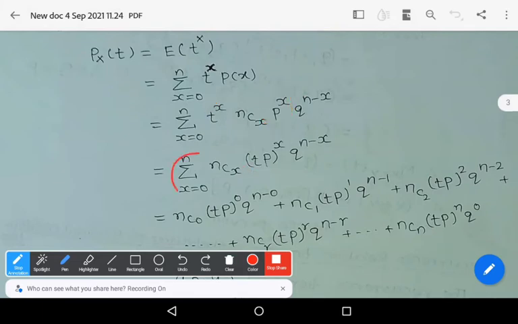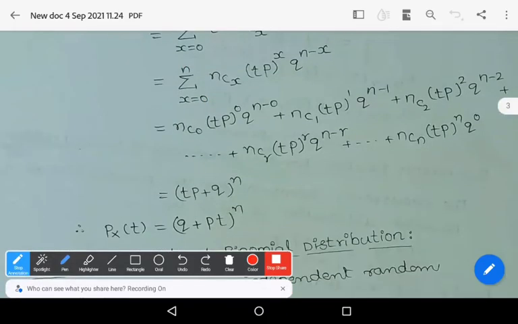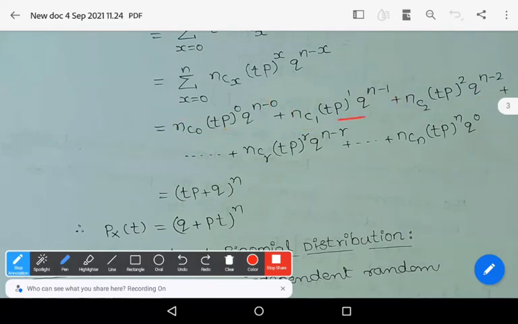Now expand, removing the summation and putting x = 0, 1, 2, 3 and so on up to n. For x = 0, we get nC0 (tp)^0 q^n. Then for x = 1, nC1 (tp)^1 q^(n-1). For x = 2, nC2 (tp)^2 q^(n-2). For x = r, we get nCr (tp)^r q^(n-r). The last term is nCn (tp)^n q^0.